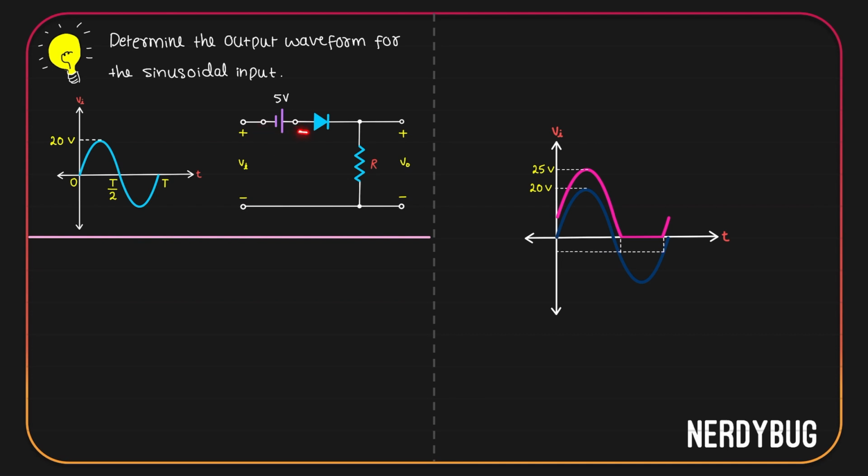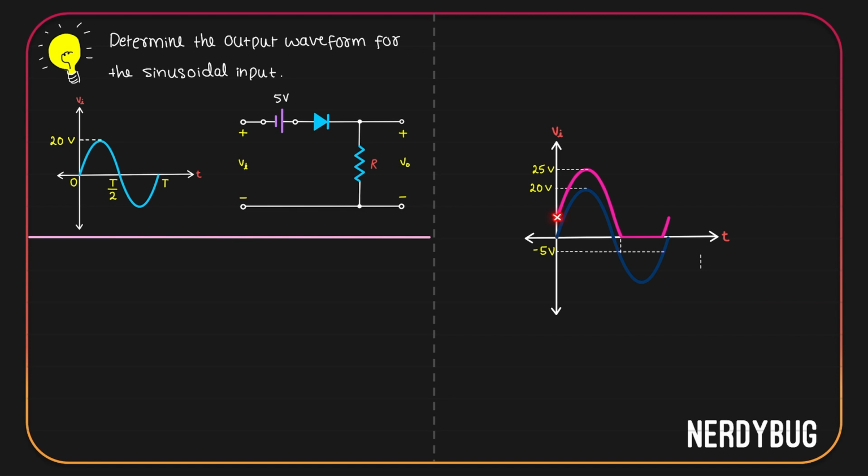It is already giving positive here and negative here to the diode, so it is keeping the diode in forward bias. That means unless the input voltage is negative enough, the diode is going to be in forward bias. So input voltage should be less than minus 5 so that the diode will go to reverse bias, which means this point should be minus 5 volt.